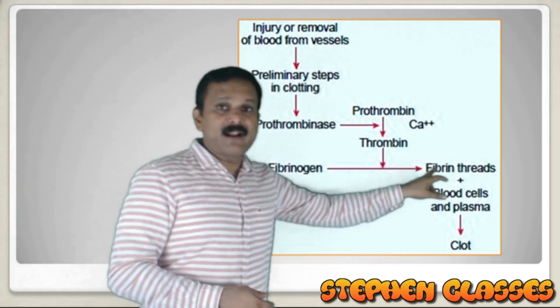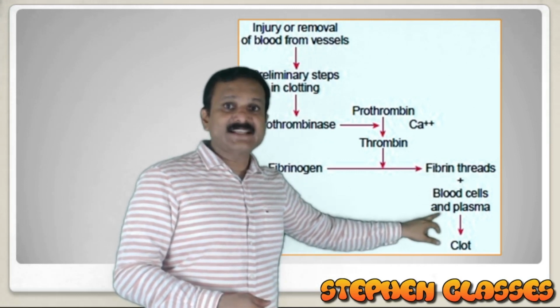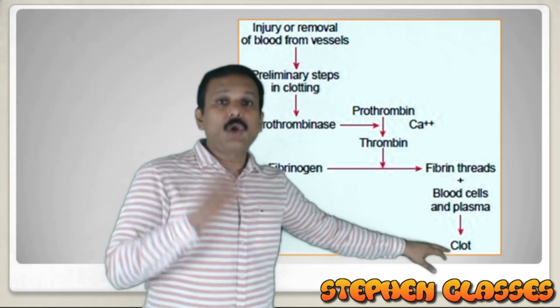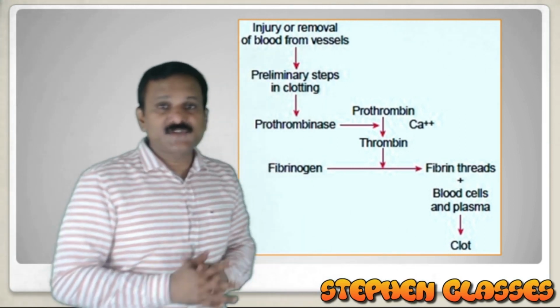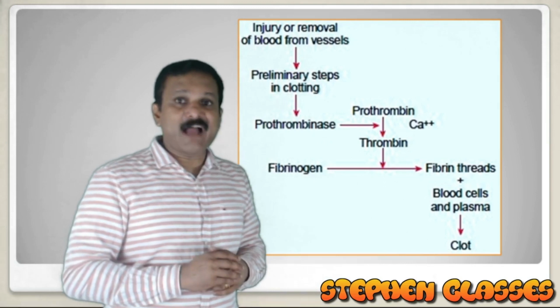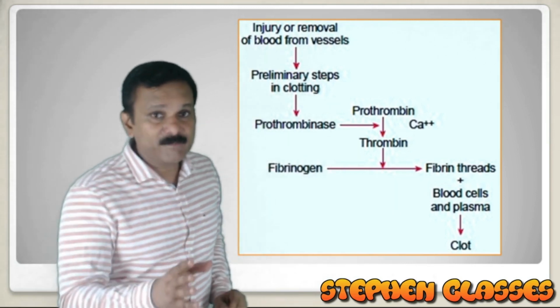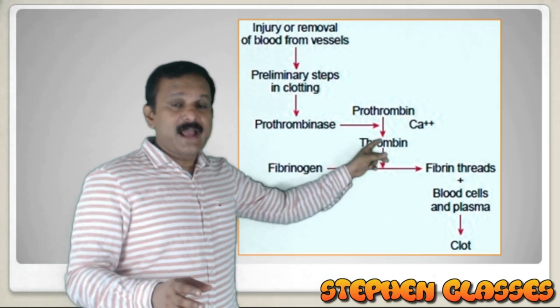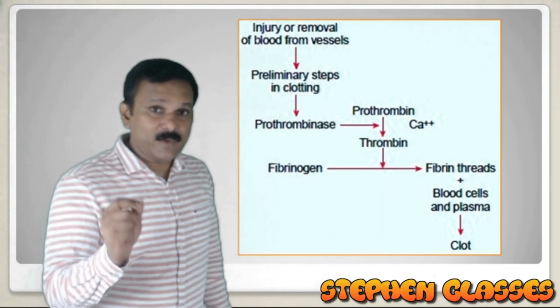Once fibrin threads are formed, along with the blood cells and plasma, a clot will be formed. So this is how blood coagulation happens. These are the steps in blood coagulation. Remember, for activation of thrombin as well as for action of thrombin, calcium ions are required.